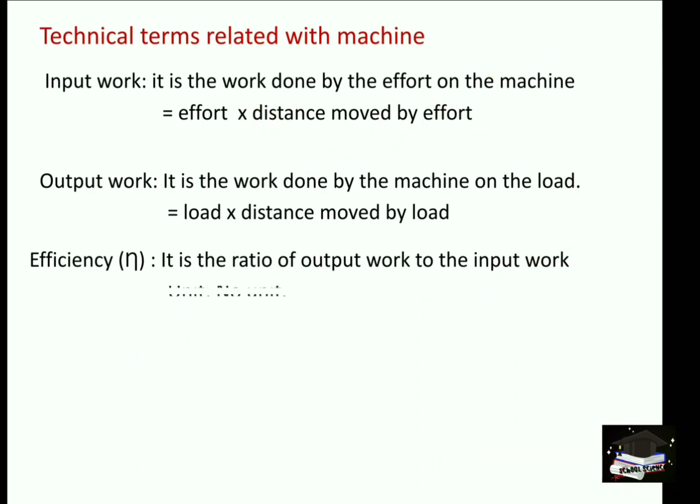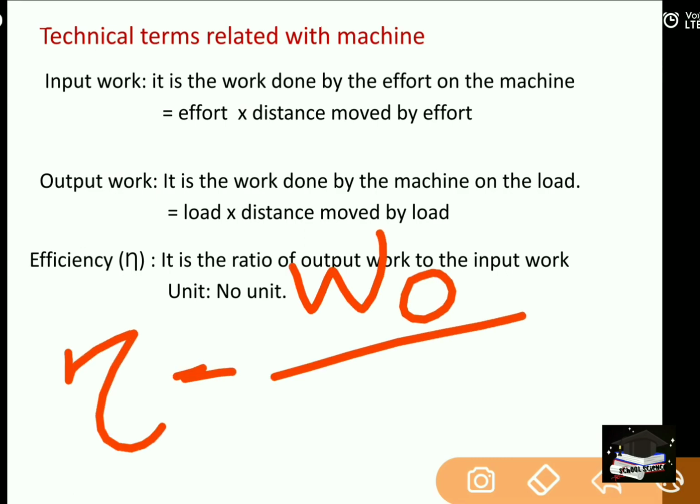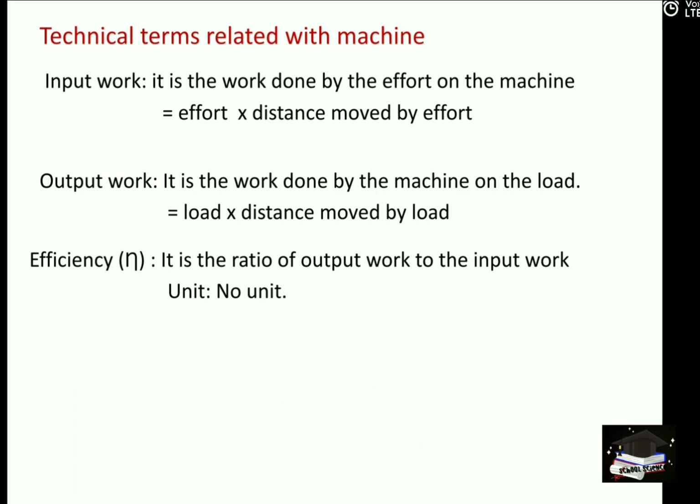First let me complete this. Efficiency does not have any unit. Efficiency means output work by input work. So generally there are two types of machine. One is ideal machine and one is practical machine or real machine.